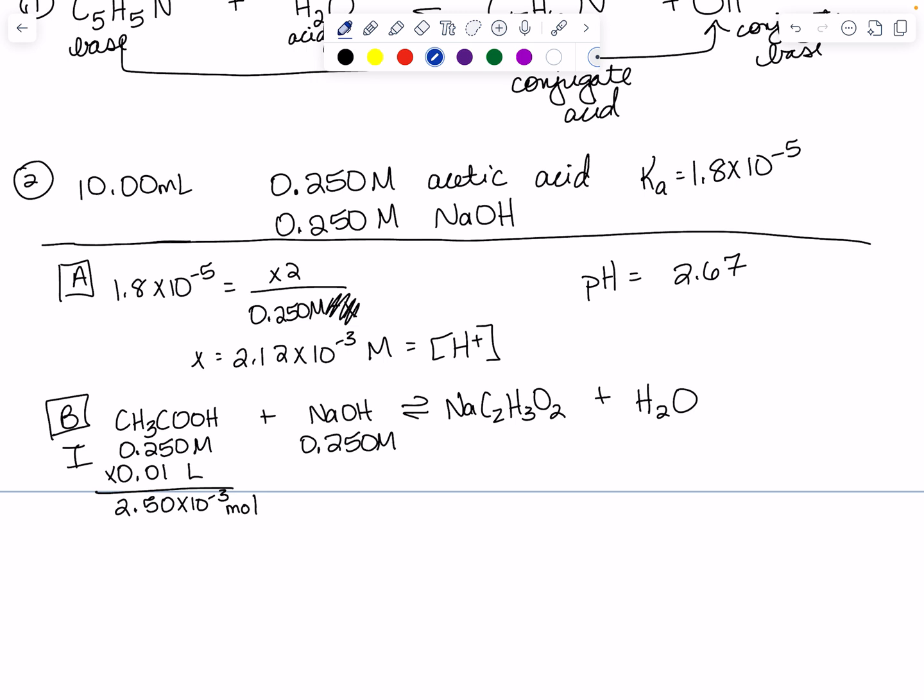But in B part, as I said, it gave you 7.5 mils of the strong base, which is 0.00750 liters. We would multiply those together, and that means I'm starting with 1.875 times 10 to the minus 3 moles of strong base. So that's my initial moles.